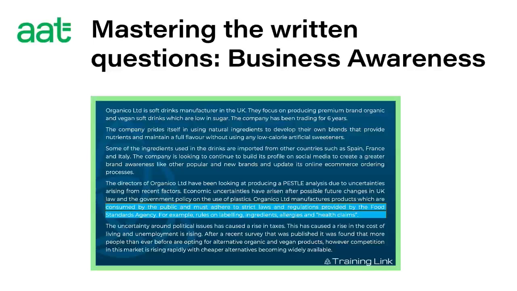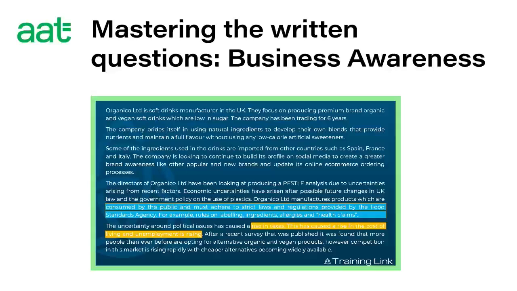So moving on to the next one, I would write about this rise in taxes, which has caused a rise in the cost of living and unemployment is rising. So that falls nicely into economic because it's talking about the rise in taxes, which has caused, as it says there, this rise in cost of living and unemployment. So obviously that has had an economic impact.